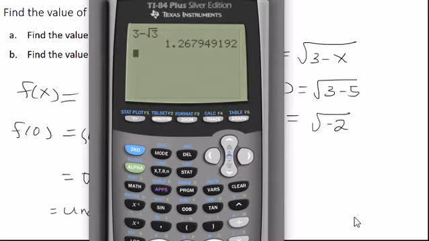And for the square root of negative 2, one of the things you can do is check it in your calculator. So let's try that. You're going to have to use the little negative sign. First of all, let's pull up the square root symbol and negative 2.